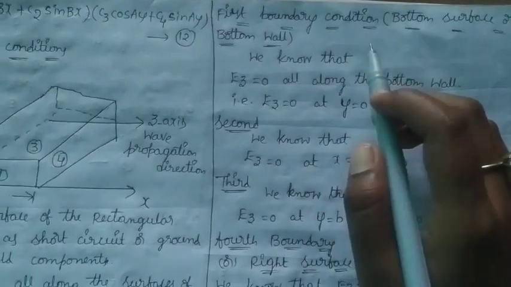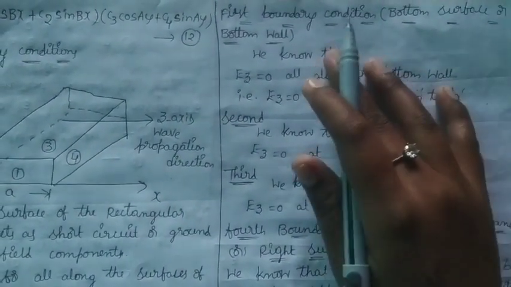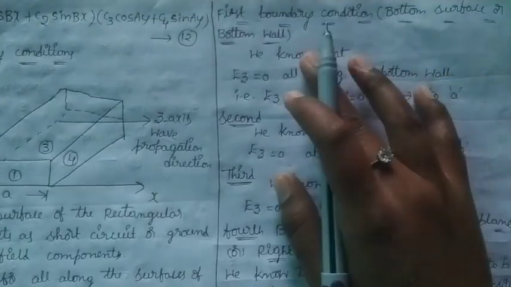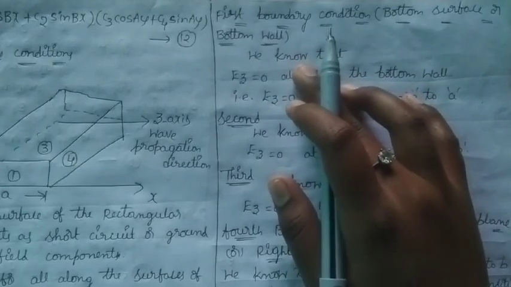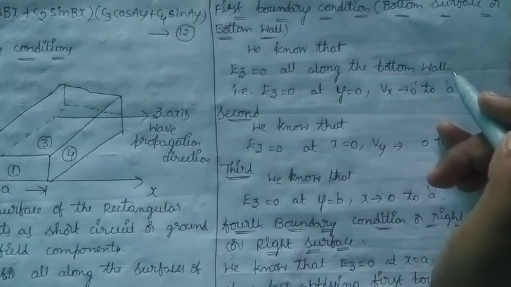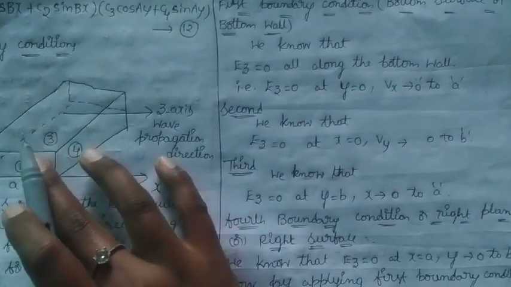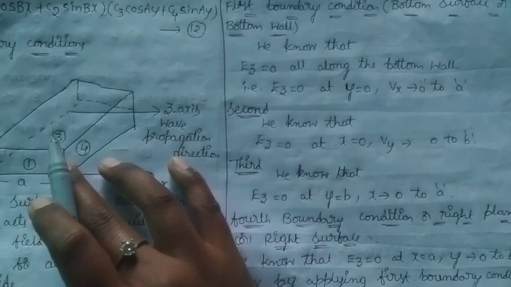First boundary condition, bottom surface or bottom wall. Here we have four boundary conditions. In the first boundary condition, we know that Ez is equal to 0 along the bottom wall, because the bottom wall acts as a ground, or a short circuit.